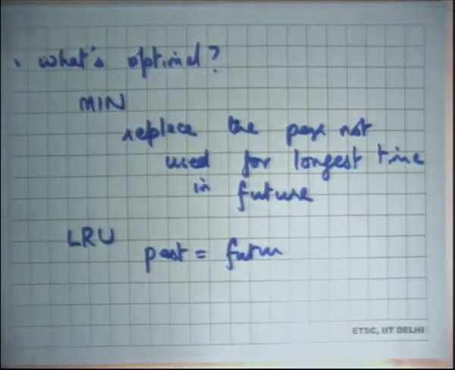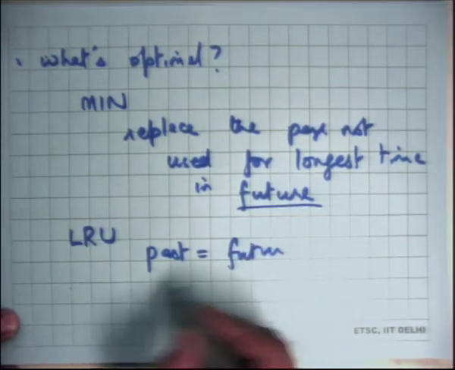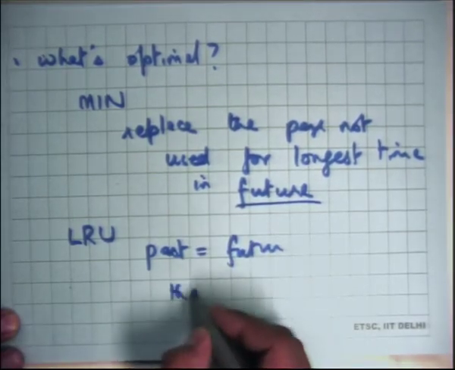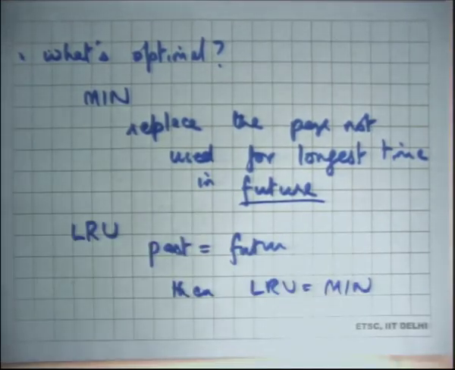Whatever page has not been used for the longest time in the past, that's the page you will replace. So just replace future with past. If past is equal to future, then LRU is equal to min. If past is roughly equal to future, LRU is roughly equal to min. All right, so that's the idea.